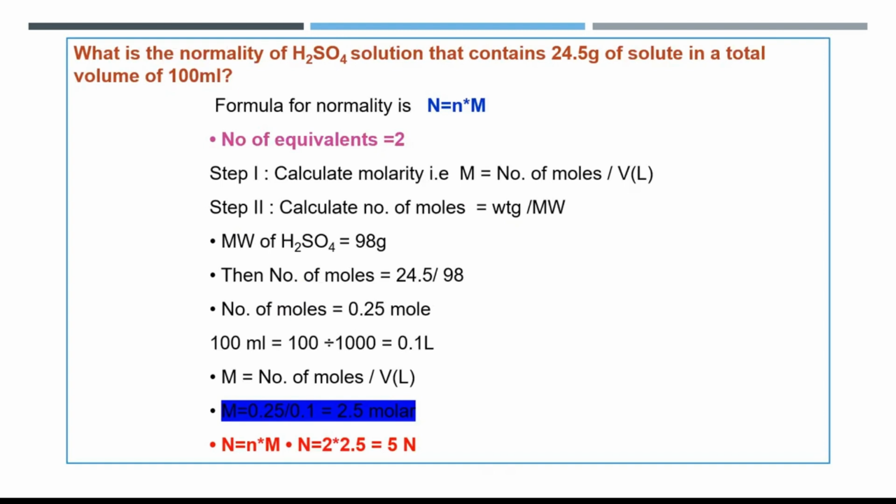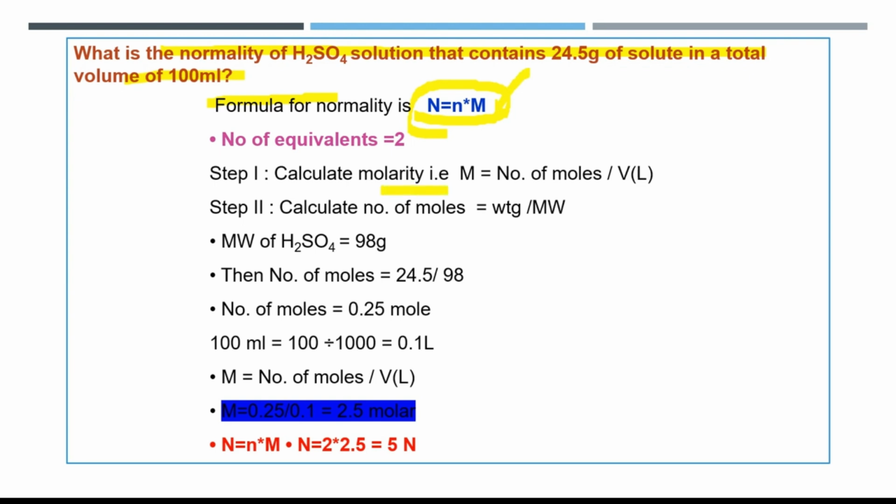Let's take an example for calculation of normality. What is the normality of an H2SO4 solution that contains 24.5 gram of solute in a total volume of 100 ml? The formula for normality is capital N is equal to small n into molarity, that is capital M. So in this case, first you have to calculate the molarity.